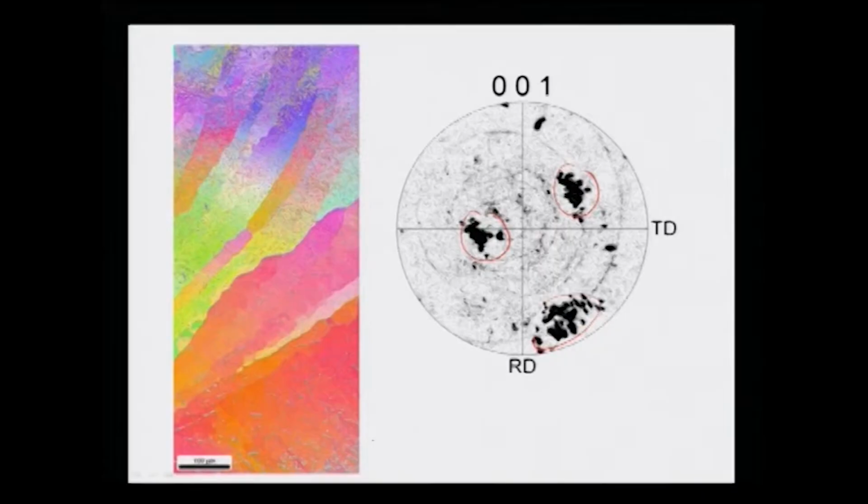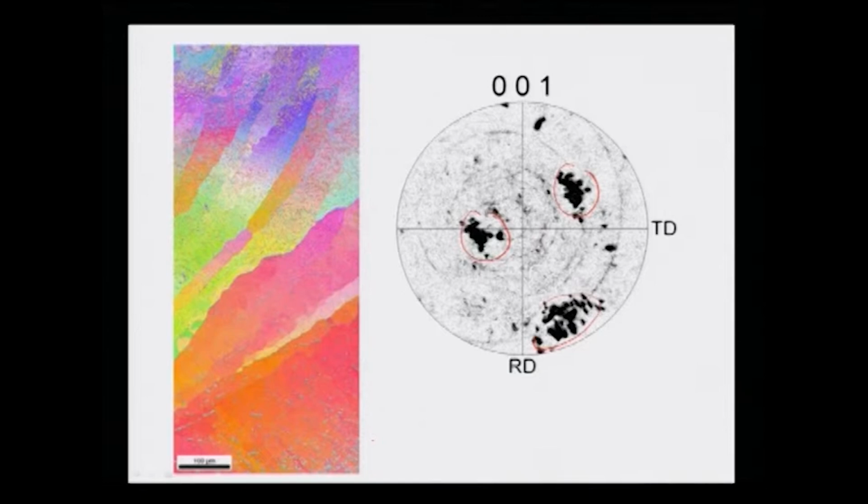This is again taken from 1 hour sample, this is the grain orientation image, okay, and you can see this is 001 pole figure, okay, and you can see there is a predominant texture, that is why these things are looking black. Those of you who have a little bit of knowledge about texturing, you can understand, and these grains can be shown to be oriented along different zone axis.